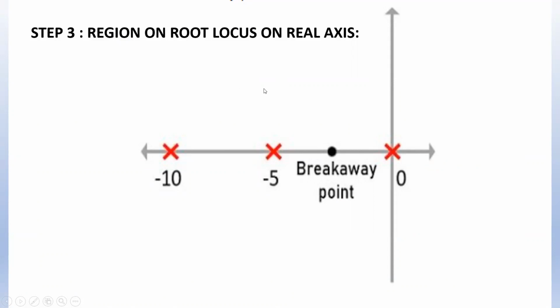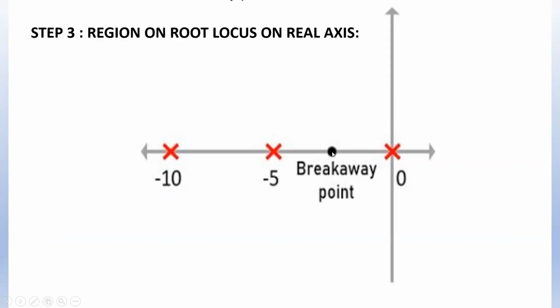It states that a point on the real axis lies on the root locus if the sum of the number of poles and zeros to the right of it is an odd number.